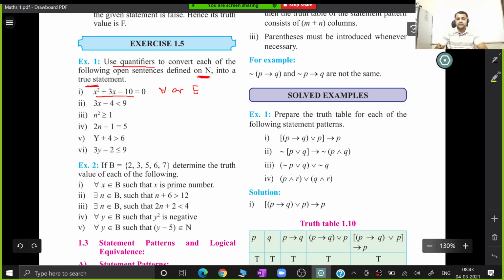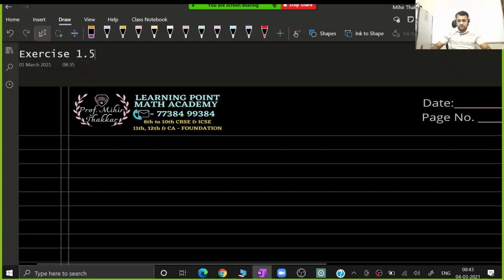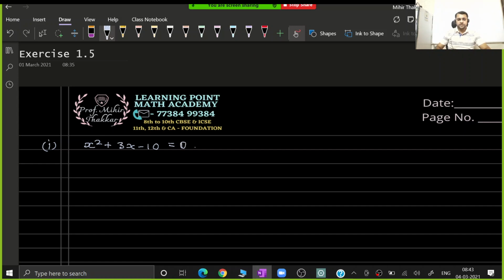Now when you are having a condition that x square plus 3x minus 10 is equal to 0, suppose I consider over here, and when I solve this quadratic equation, I will get x square plus 5x minus 2x minus 10 is equal to 0.